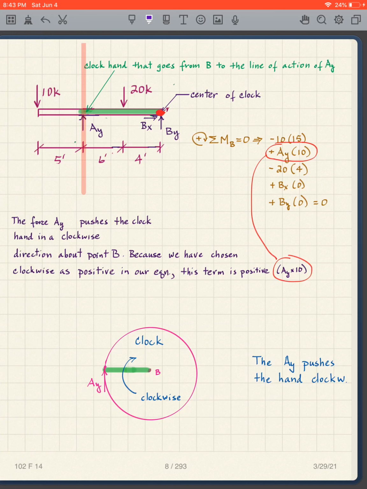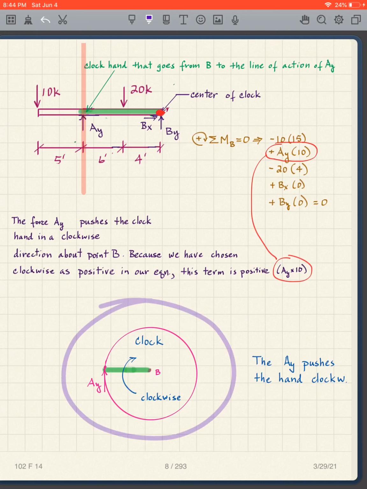Now we're going to take AY as our force. We're still taking moments about point B, so B is still the center of the clock. Here's our line of action of our force. The distance here is 10 feet. And so here's our clock. Our clock still has B as the center.